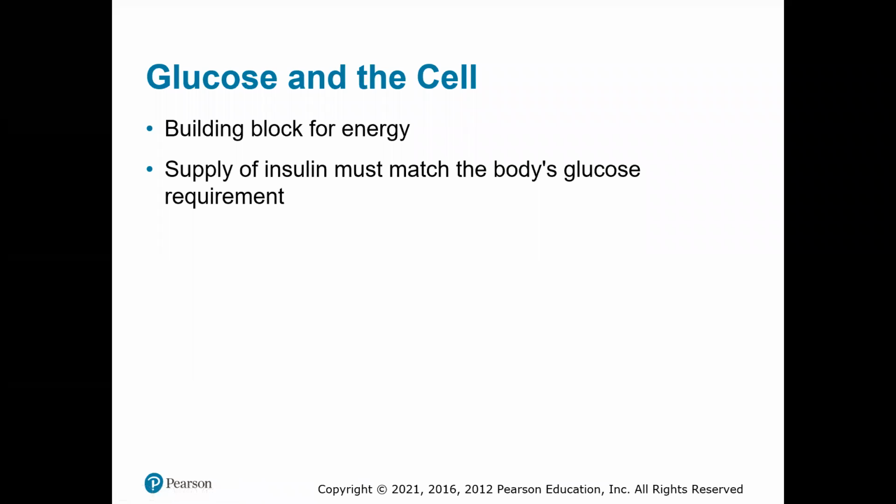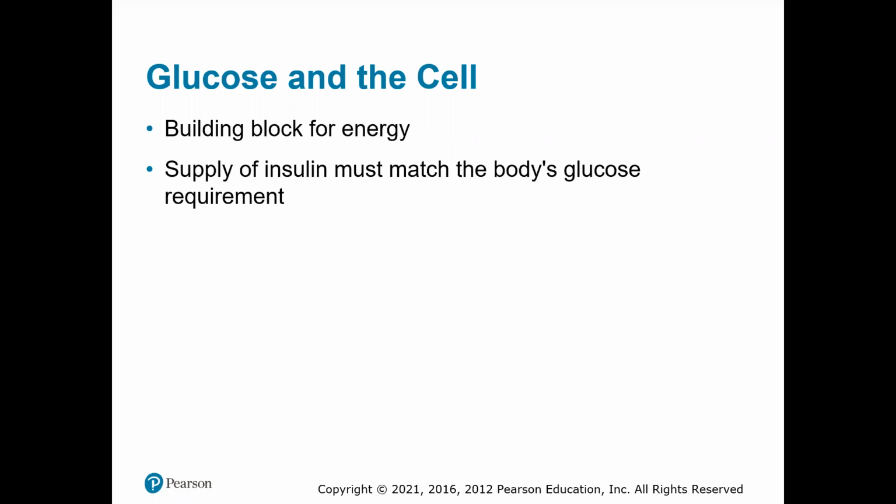Glucose in the cell. We talked a little bit about how glucose gets turned into ATP using the mitochondria. Glucose is highly important for energy. That's the fuel. The crude oil being refined into gasoline to be able to make our vehicles go. It is the building block for energy.